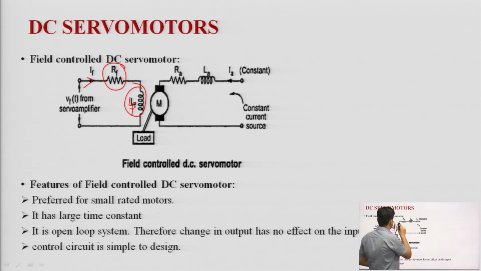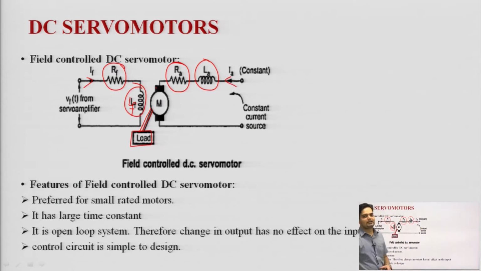This is the motor, and we are connecting any random load across it, and this is the armature winding impedance. Ra is the armature resistance, La is the armature inductance, and Ia is the current passing through it. So, this is the equivalent circuit diagram of the DC servo motor, where you get the field winding and armature winding with their impedances.